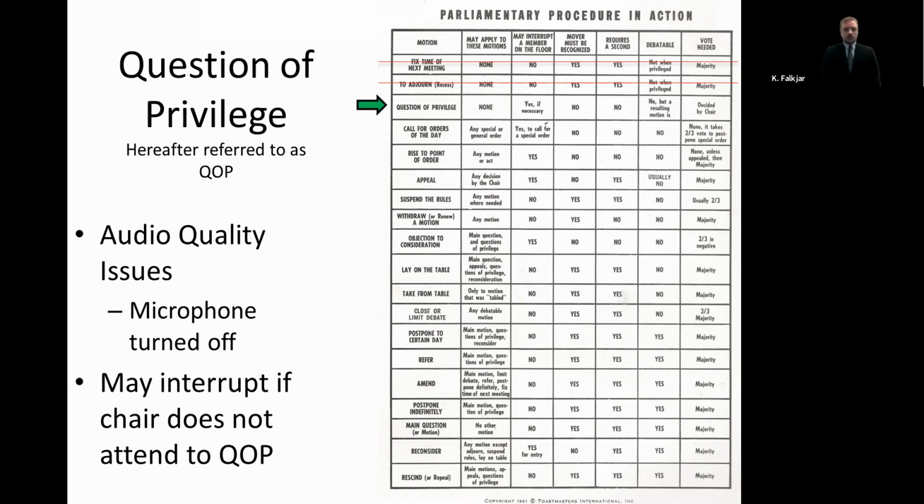That is a permissible question of privilege. And questions of privilege are then decided by the chair. There is no voting here. It is the only type of motion where a chair would make an executive decision.